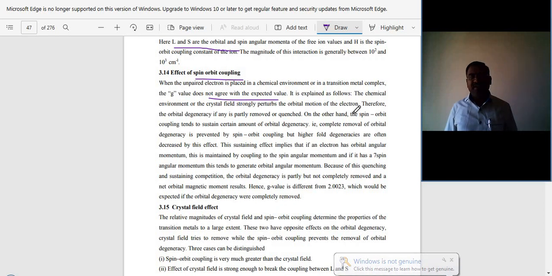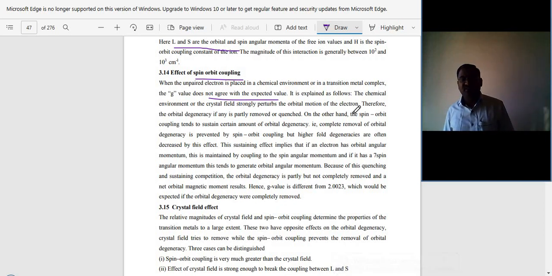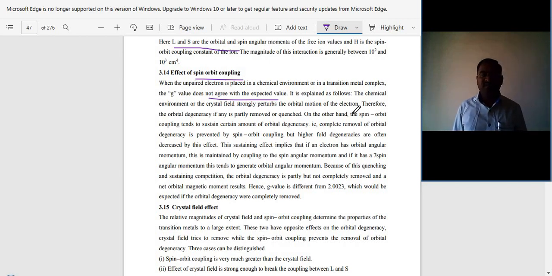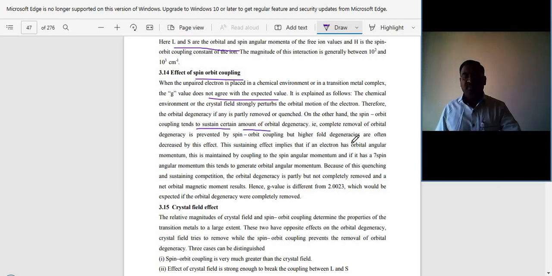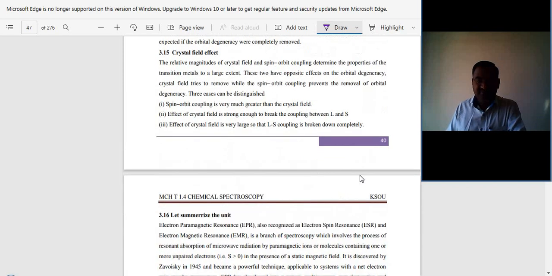The chemical environment or the crystal field strongly perturbs the orbital motion of the electron. Therefore, the orbital degeneracy, if any, is partly removed or quenched. On the other hand, the spin orbit coupling tends to sustain a certain amount of orbital degeneracy.